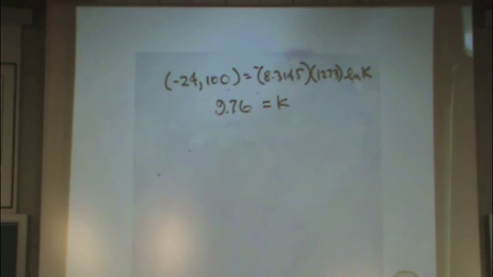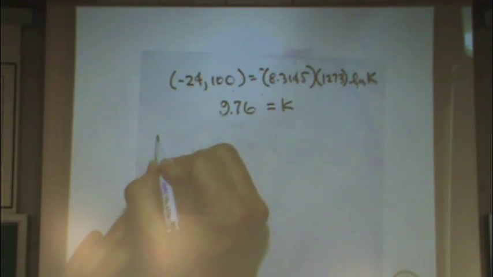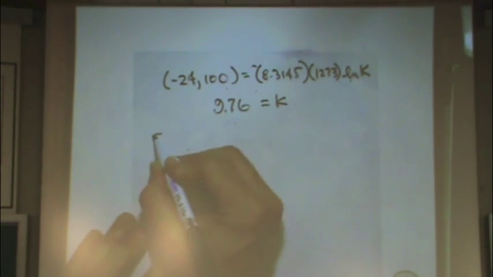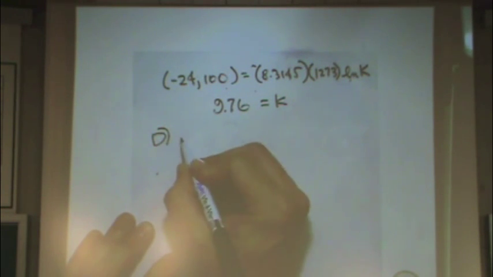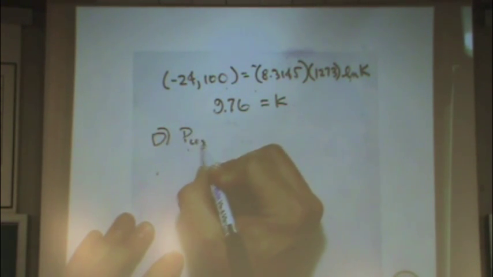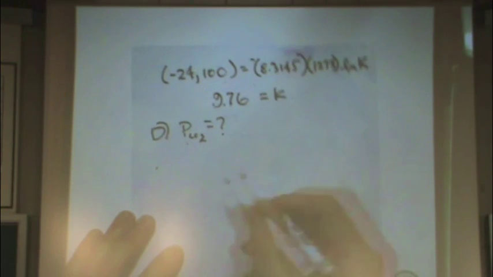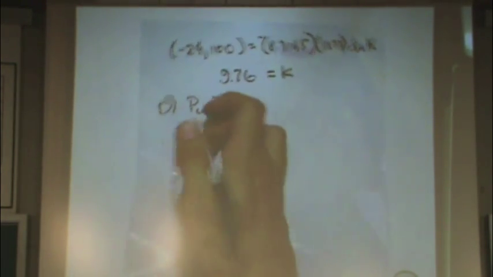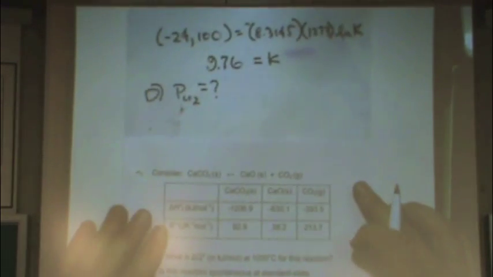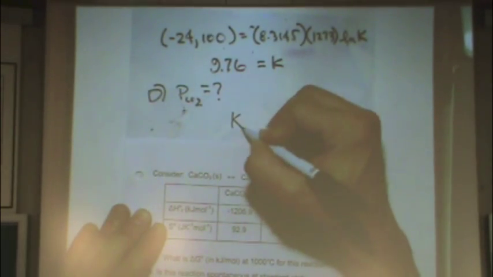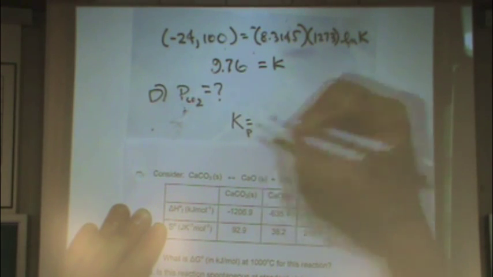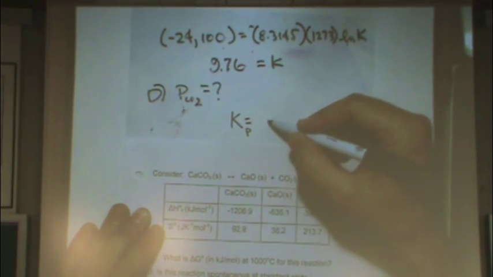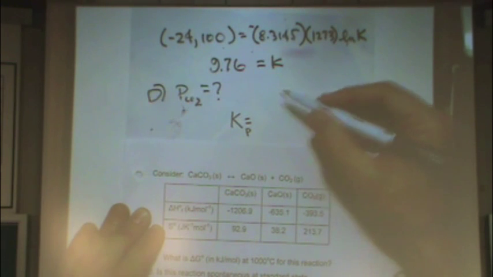That's part C. Part D, what is the equilibrium partial pressure of CO2? Well, let's write the reaction. Here, I can just give you the reaction. So let's write K, Kp specifically. It's products. What goes in the numerator here?